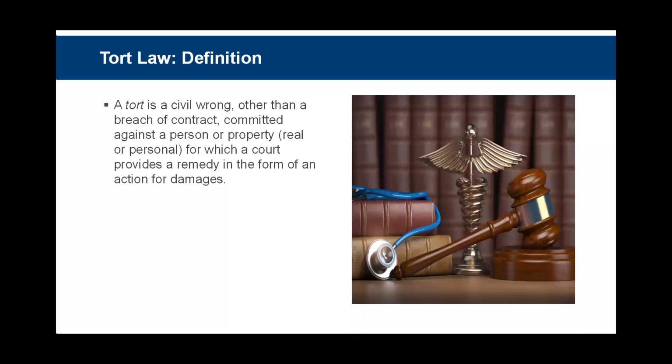One of the most critical aspects of tort law is negligence. But how does negligence differ from malpractice? While both involve a breach of duty leading to harm, negligence is a broader concept that applies to anyone failing to exercise reasonable care, whereas malpractice specifically refers to professionals, like healthcare providers, not meeting the standard of care expected in their field.